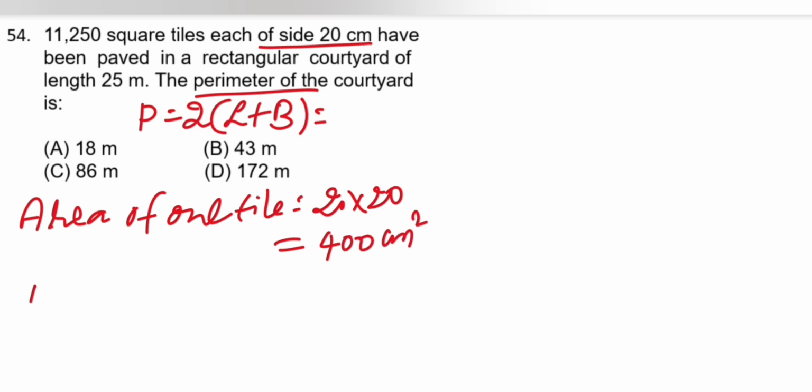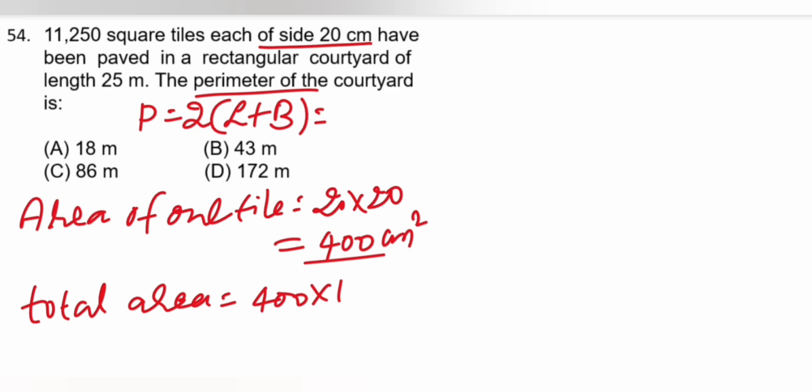Alright, then next find out the total area of the courtyard. Okay, total area of the courtyard is equal to 400 into the number of tiles, that is 11,250. Let us multiply it. Alright, so this will give the total area of the courtyard.